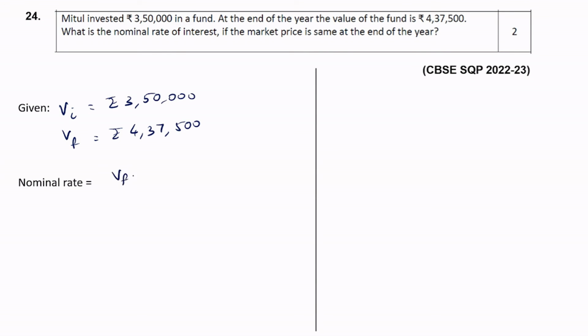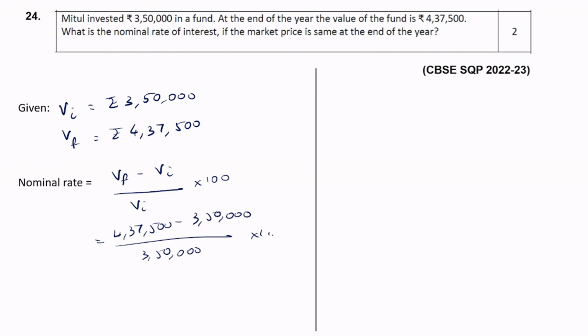The nominal rate is calculated as final value minus initial value upon initial value into 100. So it is 4,37,500 minus 3,50,000 upon 3,50,000 into 100. So when we simplify, it is 87,500 upon 3,50,000 into 100. It is 25%. Therefore, the nominal rate is 25%.